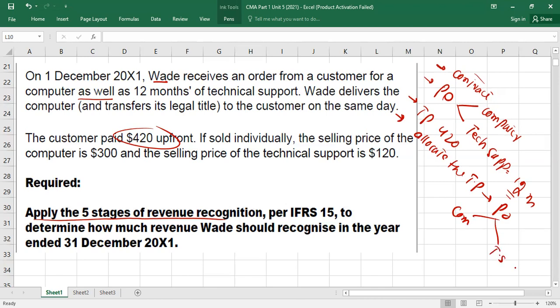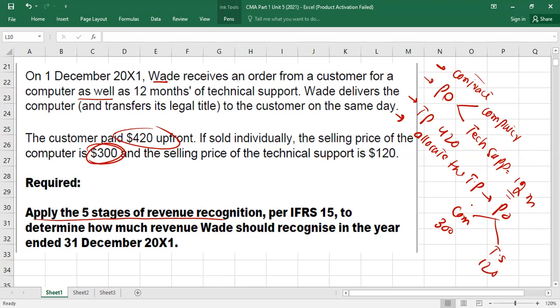And by the way, I will explain later how to allocate, but here I can just give you an example. If you sell the computer individually, what was the price of the computer? $300. This is called the standalone price. Standalone means if you sell that item individually, the value is $300. And if you sell technical support, the value is $120.